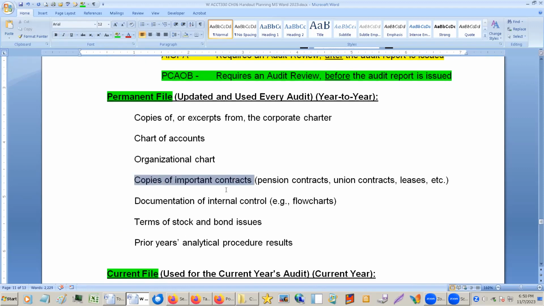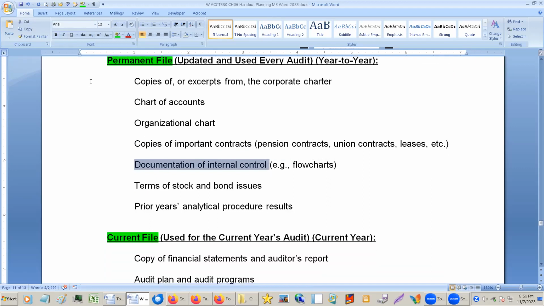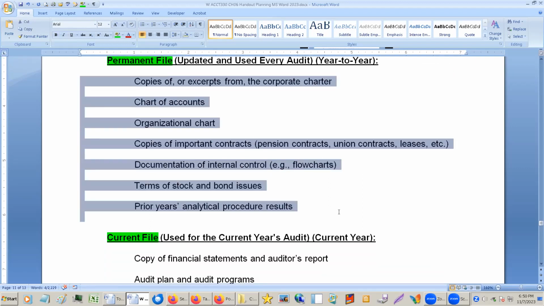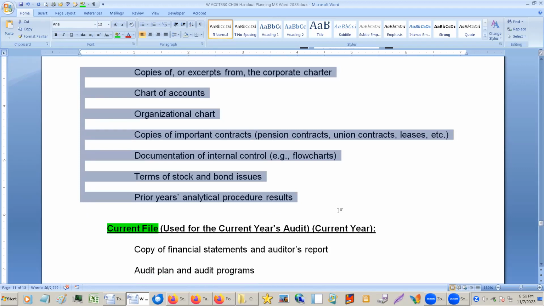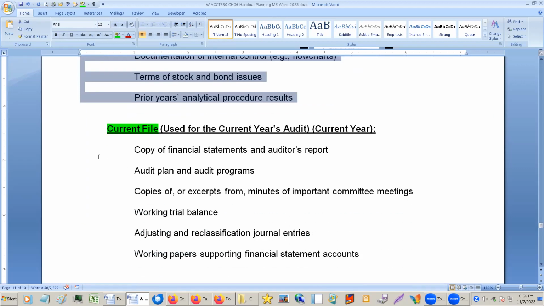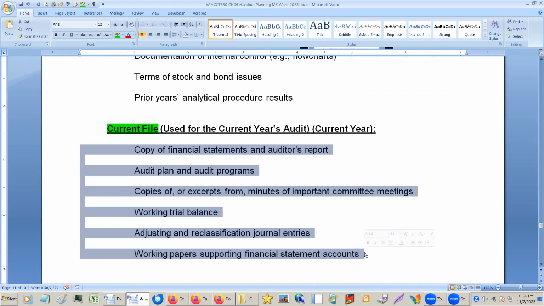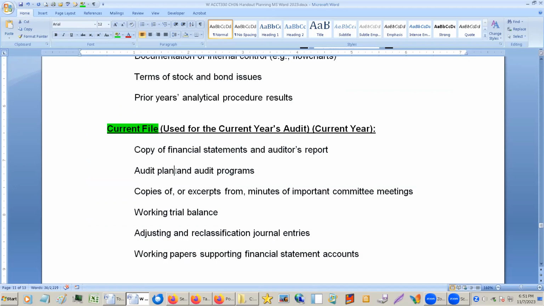Copies of contracts and that sort of thing. Documentation of internal control will go from one year to the next. This is all just stuff that won't change too much from one year to the next. The current file is only stuff for the current year. The audit plan for this year.